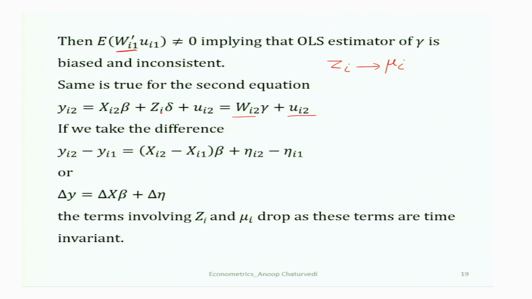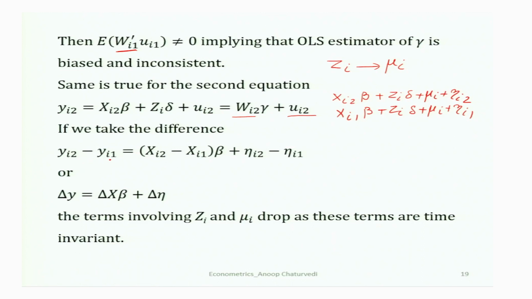Then y I 2 minus y I 1 is equal to x I 2 beta plus z I delta plus u I 2, and we write u I 2 equal to mu I plus eta I 2. And then you have y I 1, which is x I 1 beta plus z I delta plus mu I plus eta I 1, and then we take the difference.